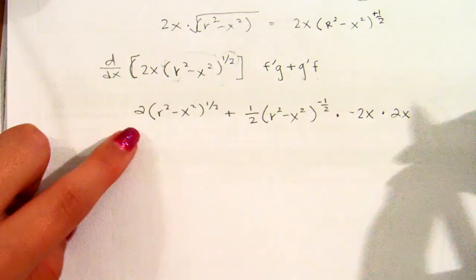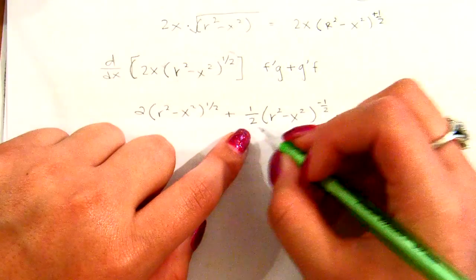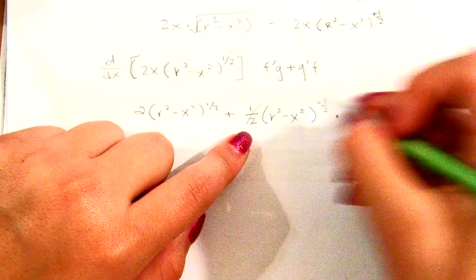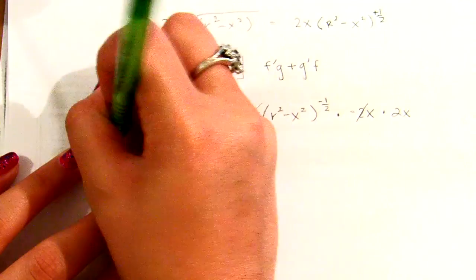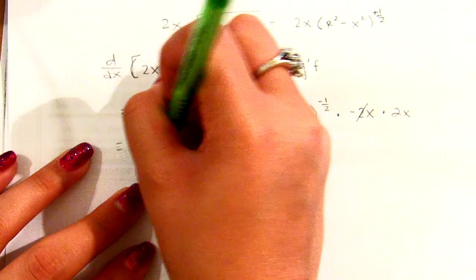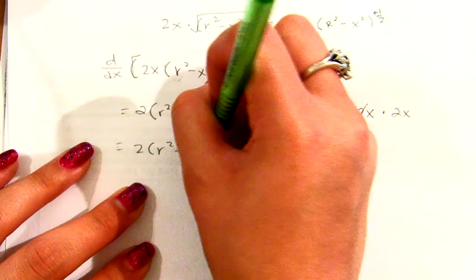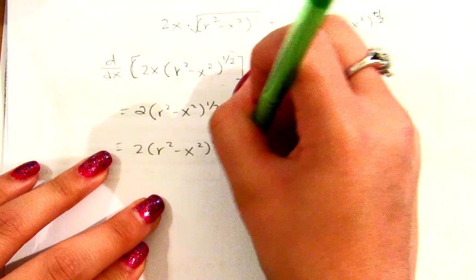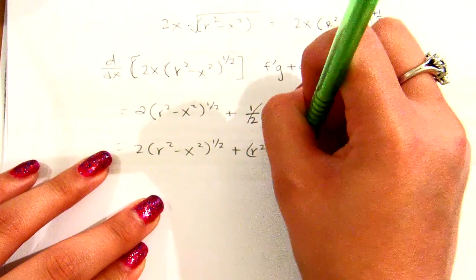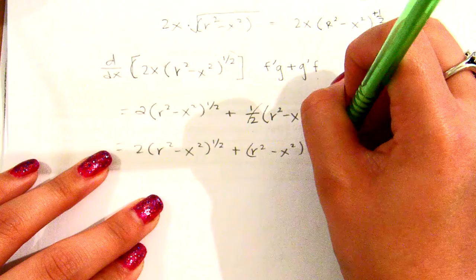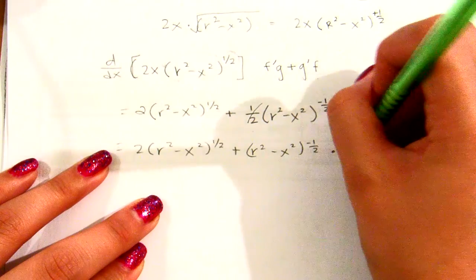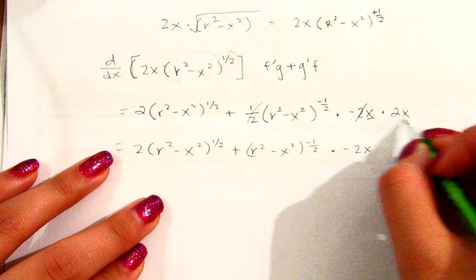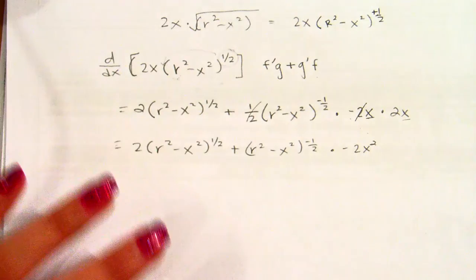And then we simplify. We know that you can multiply 1/2 by 2, and whenever you do that, they cancel out. So you're left with 2 times (r squared minus x squared) to the 1/2 plus (r squared minus x squared) to the negative 1/2 times negative 2x. Because there's two x's, so it's negative 2x squared.